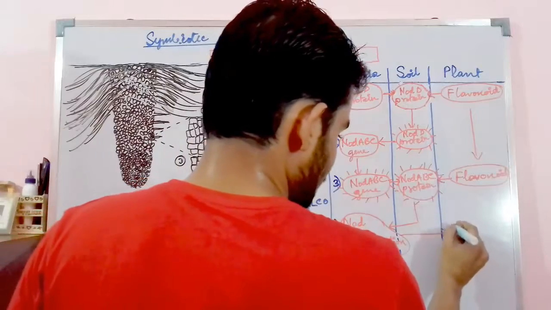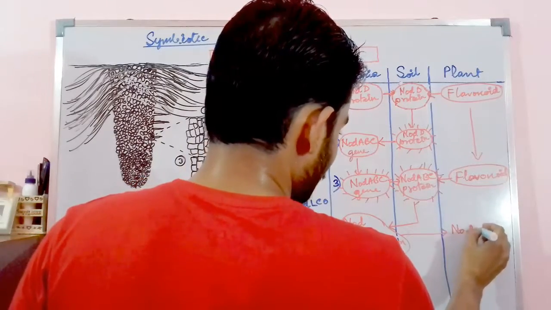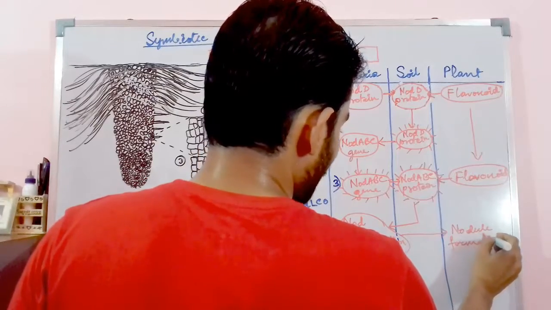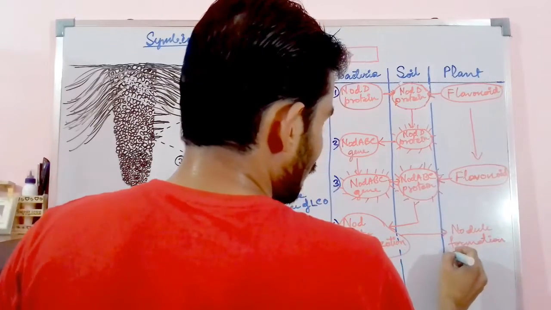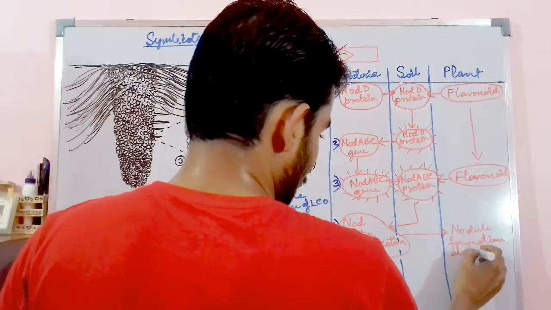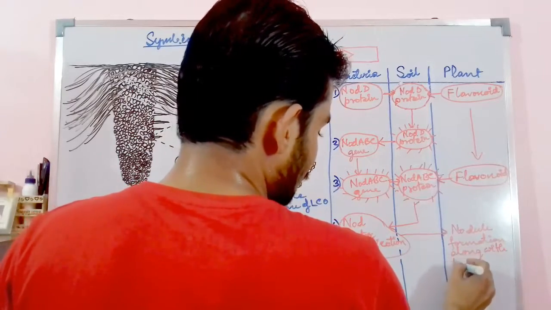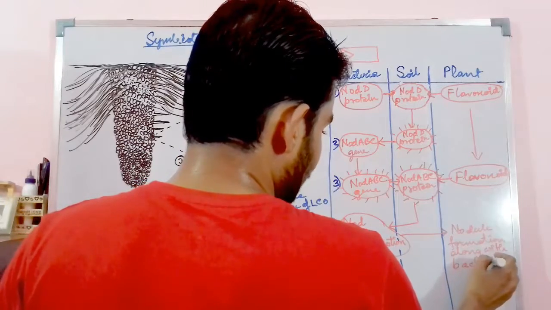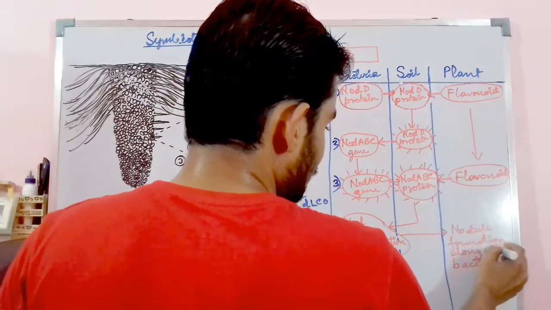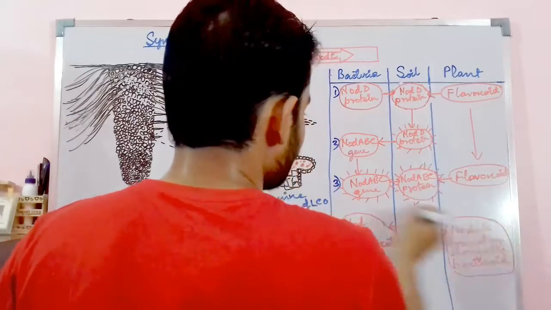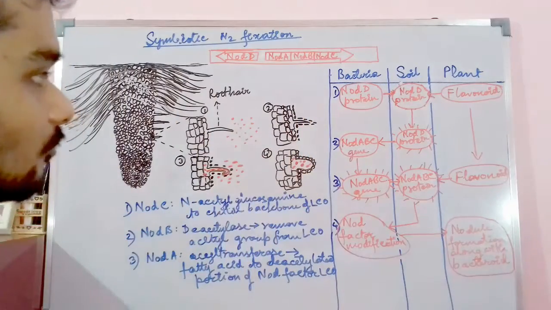Like I showed you the process, the nodule formation will happen along with bacteroid cysts, like I described in these 4 steps.